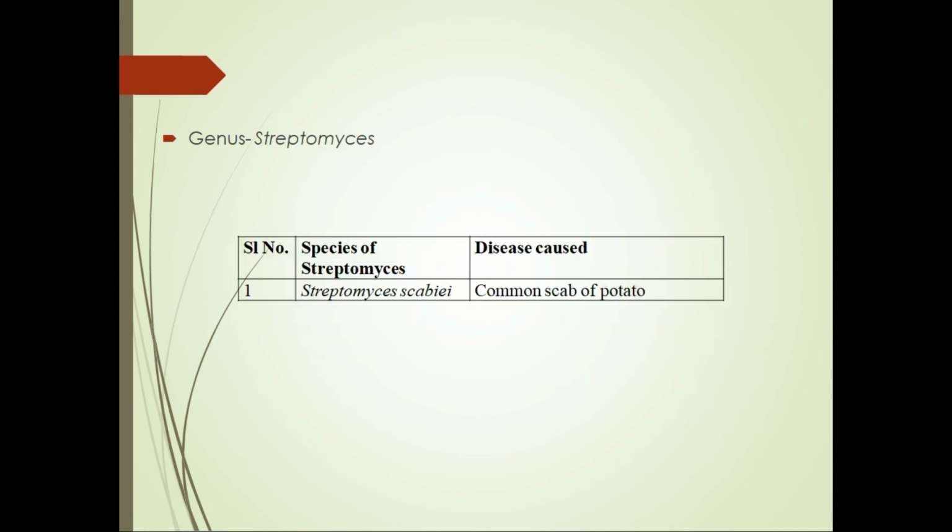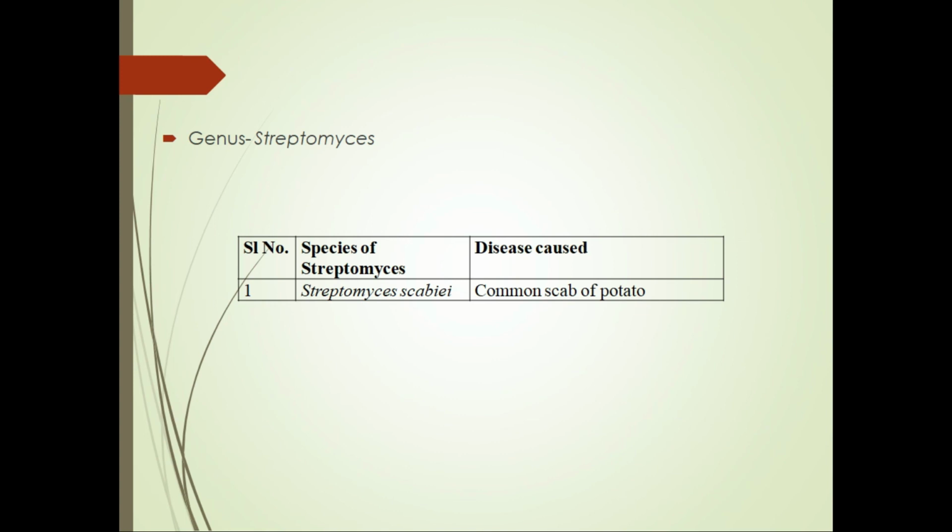Streptomyces is another important gram-positive bacterium which is an inhabitant of soil. Streptomyces scabies causes scab disease of potato. Streptomyces is a bacterium which is filamentous in nature, and it is the source of the most number of antibiotics. But we have only one example here which causes disease in plants, common scab of potato.